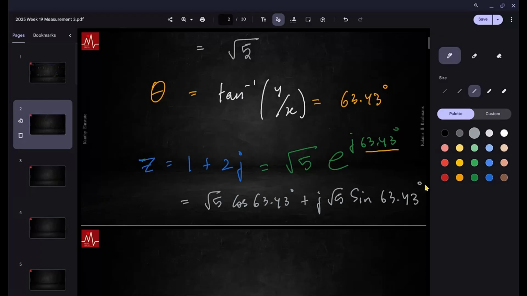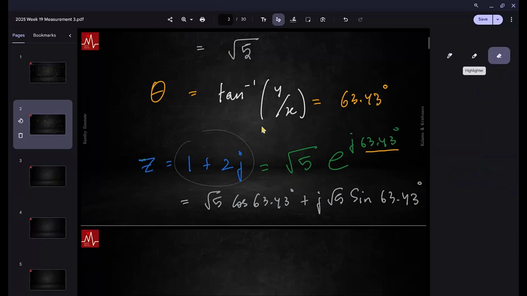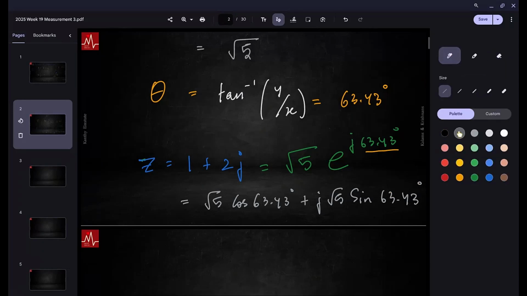So there are three ways to write this. Most of you know this. So this is good for addition, subtraction, and trigonometric relations. Sometimes if you're dealing with oscillatory things, this is easy to see what is going on here. For multiplication, division, product, square root, and all that, this form is used.